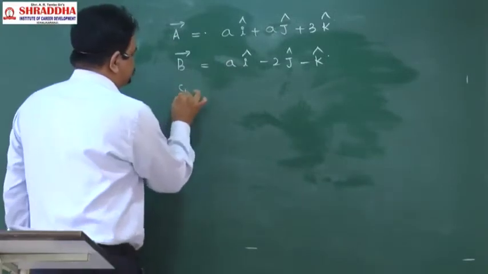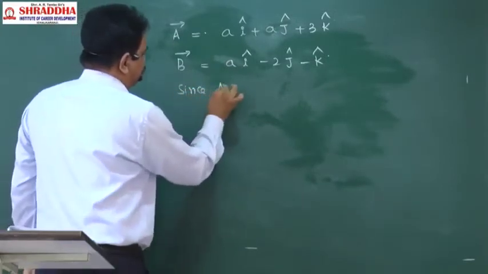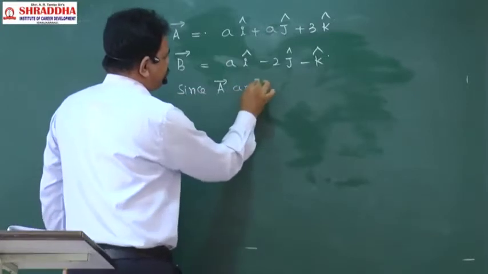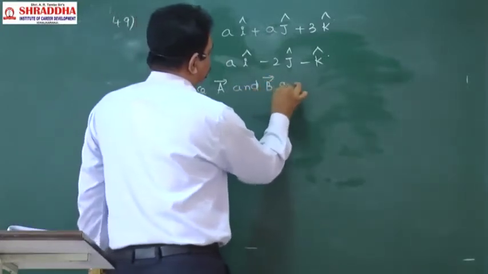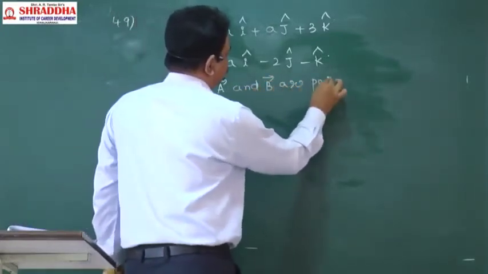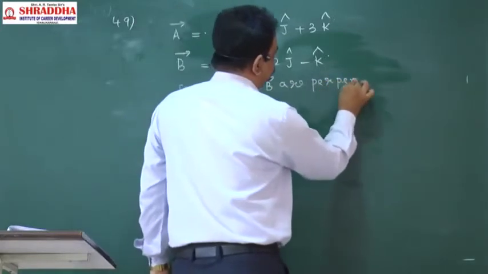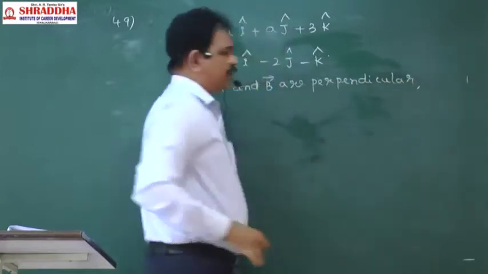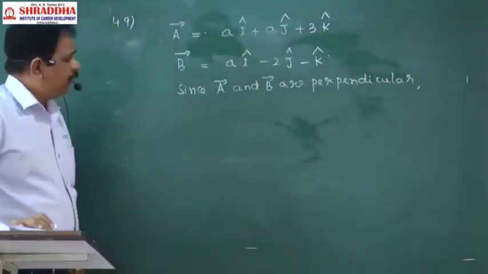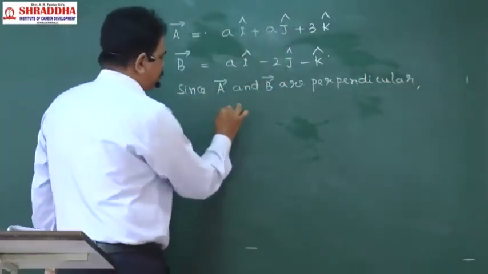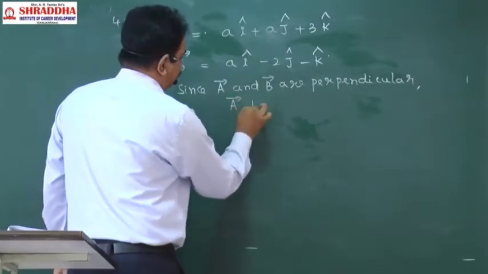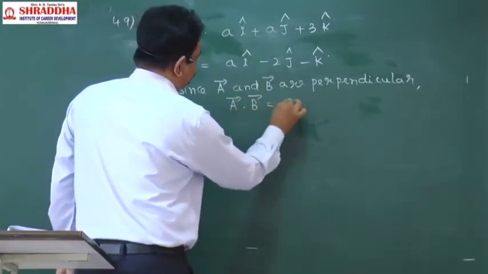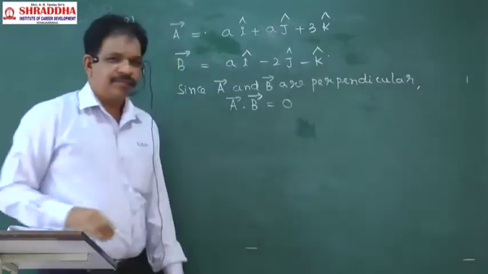So since A bar and B bar are perpendicular, A bar dot B bar is equal to 0.